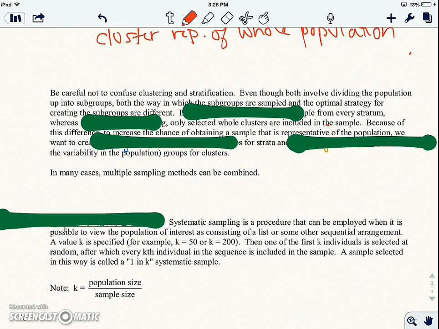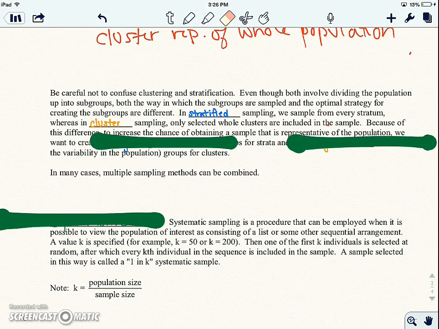Be careful not to confuse clustering with stratification. Even though both involve dividing the population into subgroups, the ways in which the subgroups are sampled and the optimal strategy for creating the subgroups are different. In stratified sampling, we sample from every stratum, whereas in cluster sampling, only selected whole clusters are included in the sample.